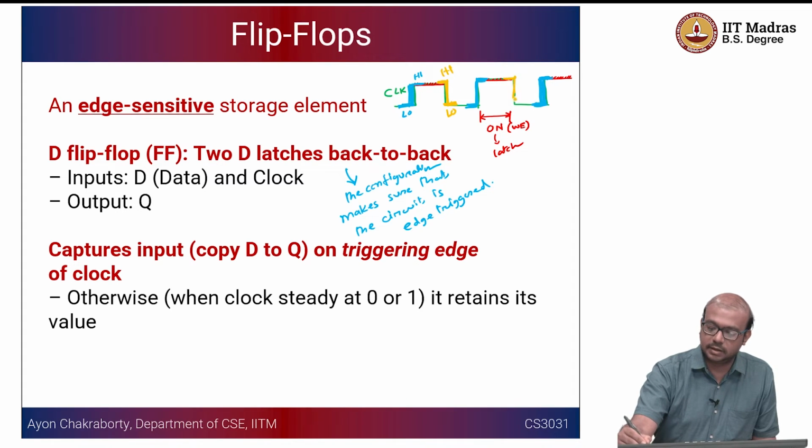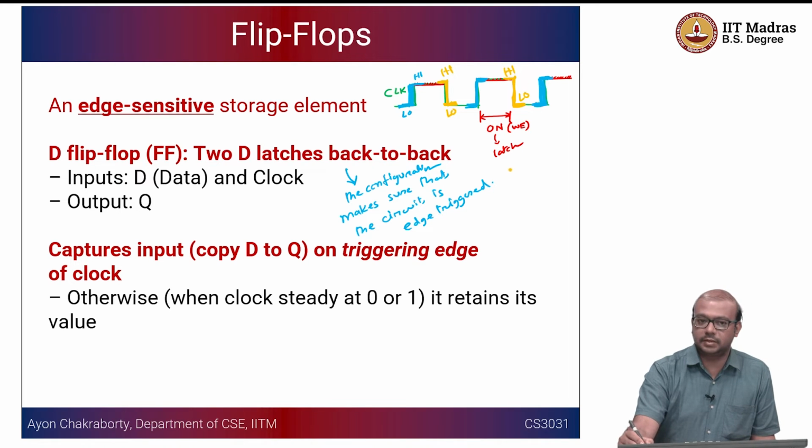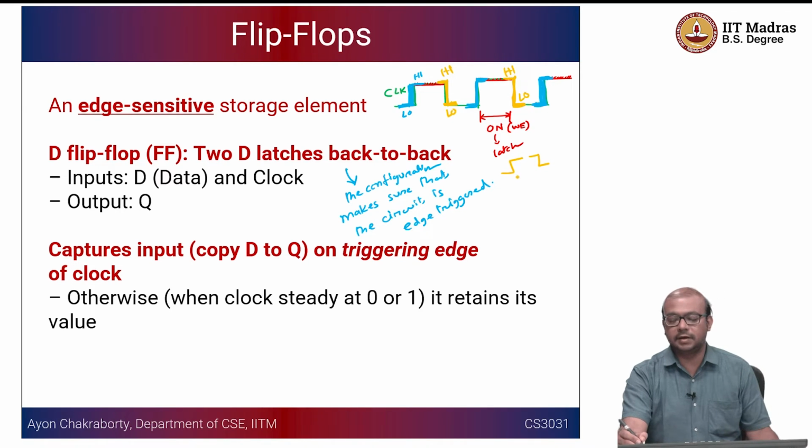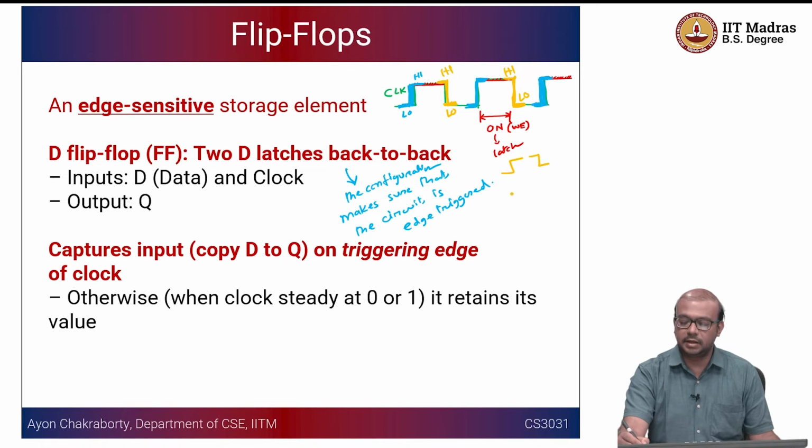So there are flip-flops that are called dual edge triggers, that are going to trigger at both low to high as well as high to low. Or we can have only one kind of edge triggering. Either it could be low to high, or it could be high to low, right? Both of them may be present, or one of them may be present.